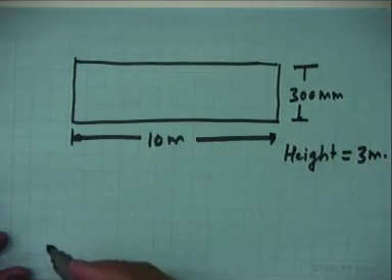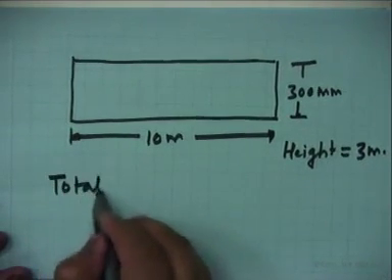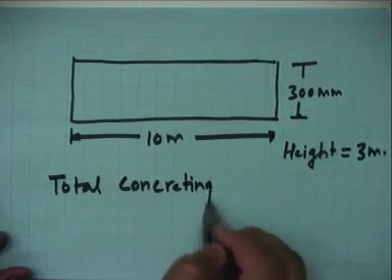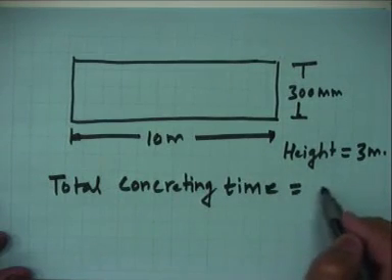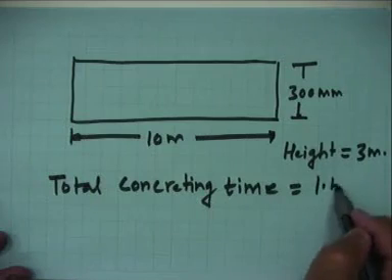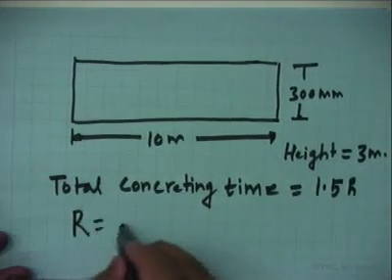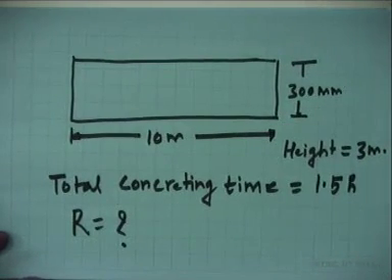If its height is 3 meter, suppose the total concreting time is 1.5 hour. Can you find out what would be the rate of rise? R is what? Just try this very simple question.